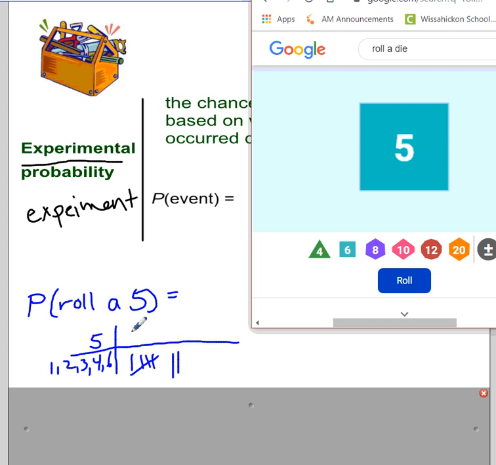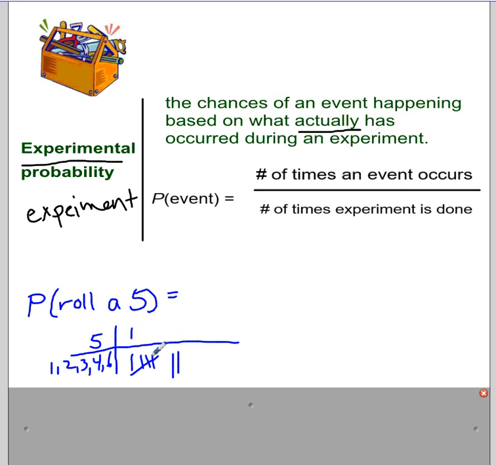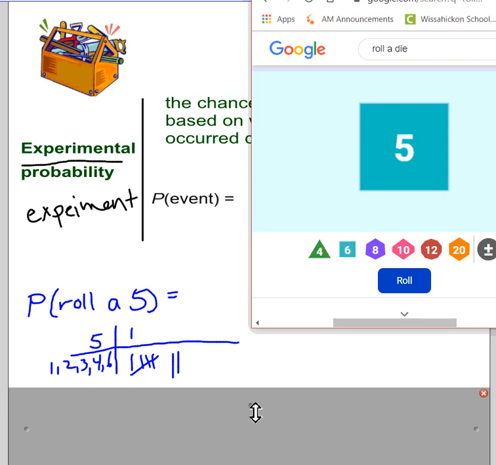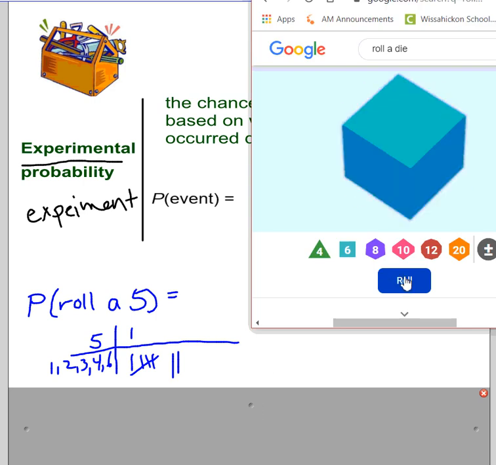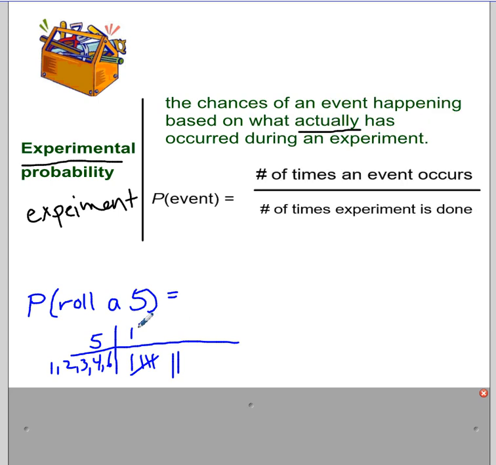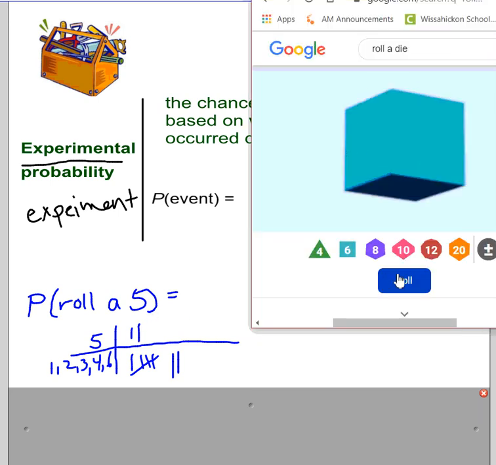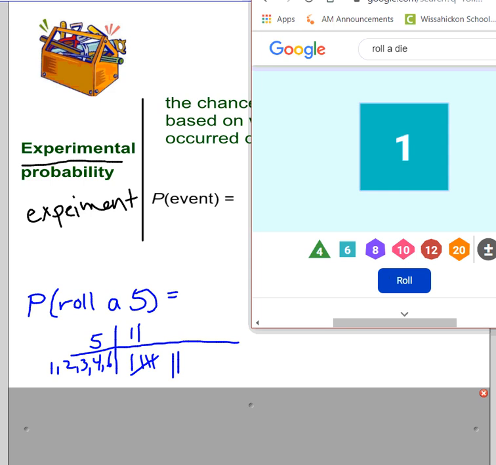There's a 5. All right, so I got a 5. So now I've rolled the die 8 times, so I need to roll 2 more times to get 10 total. I don't have to roll 10. That's just what I decided to do. There's another 5. Now I need to roll one more time. And I get a 1.